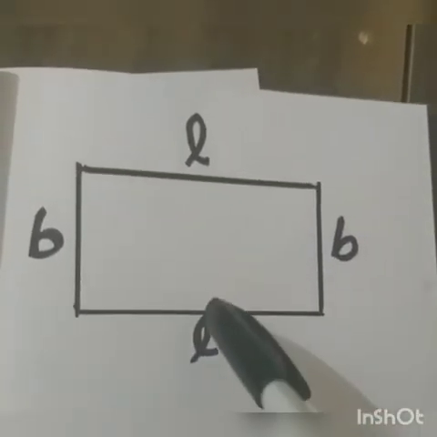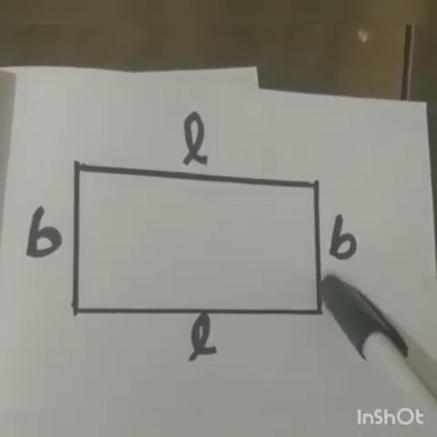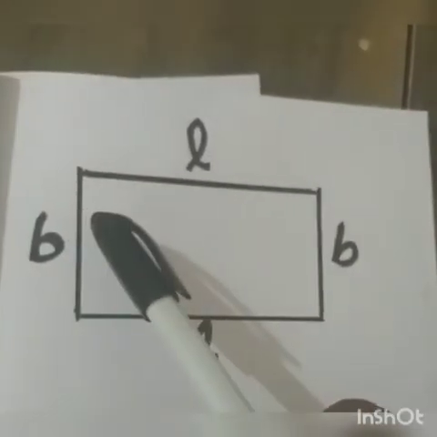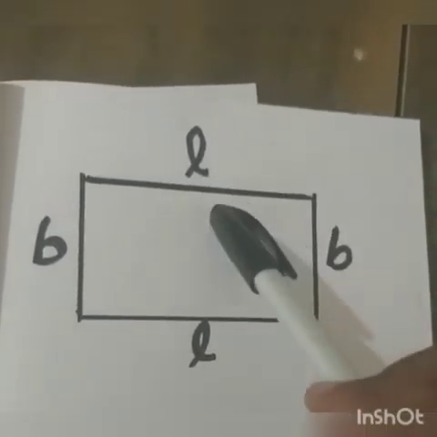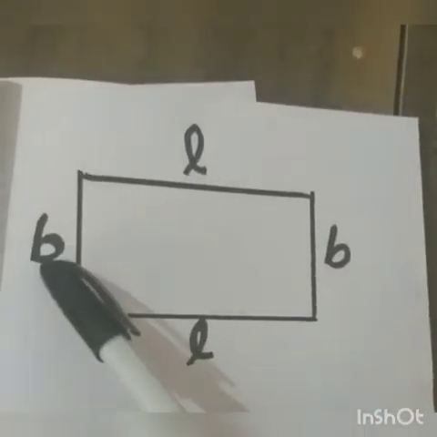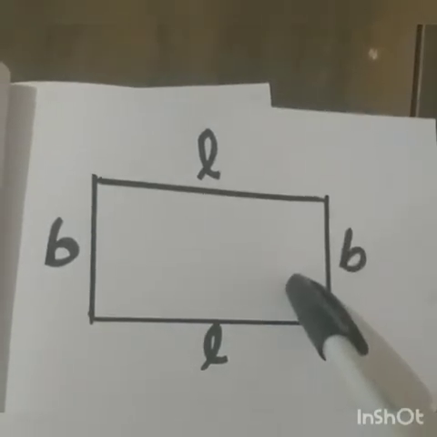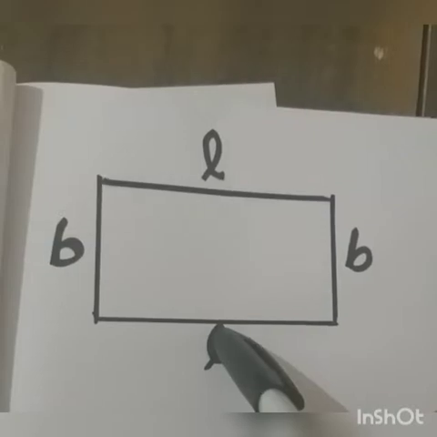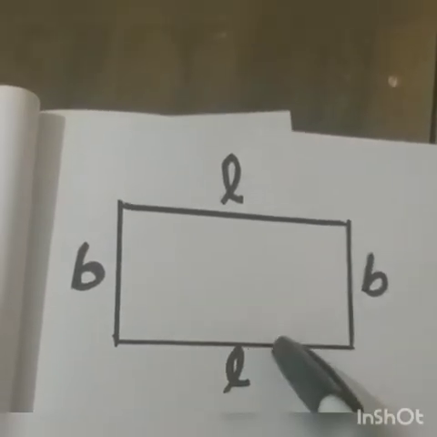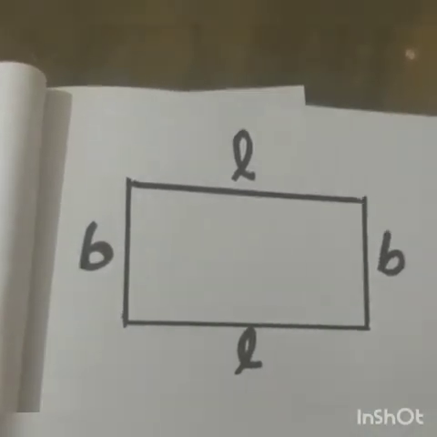So adding length plus breadth plus length plus breadth, what are you getting? 2 times length plus 2 times breadth. That is the perimeter of a rectangle. In short, we can say 2 into length plus breadth.